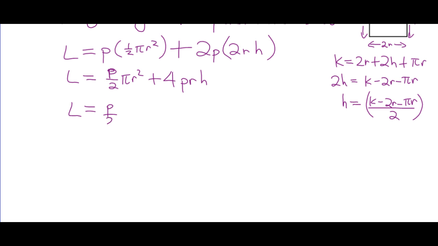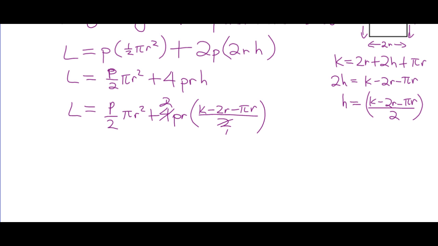So we've got p over 2. How can I write that? P over 2 plus 4pr, and we've got k minus 2r minus pi r all over 2. Okay, so that's a 2.